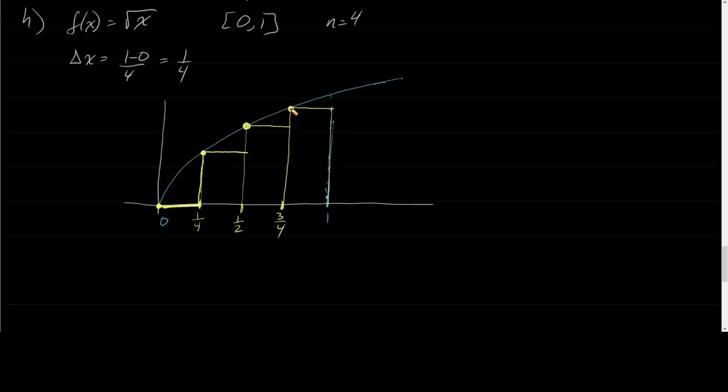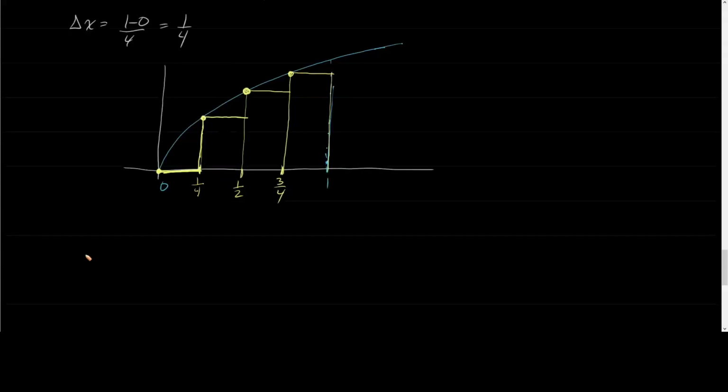Now, how are we going to do this? Our lower sum, we already had a formula for it: the summation from i equals 1 to n of f of lowercase m sub i times delta x. What does that mean here? Delta x, we already know to be 1/4. The values that we're going to be plugging in are here.